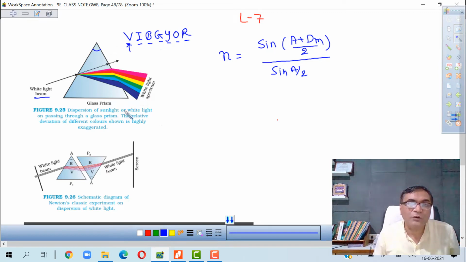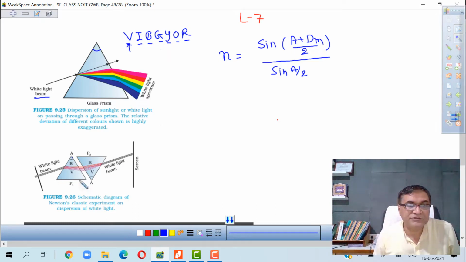When this was observed, there was some debate. Why do we get these different colors? Does the prism create the color? The answer was given by Newton in his second experiment.